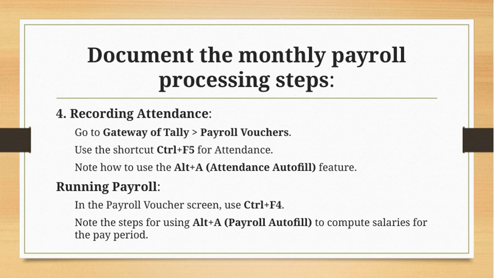Remember, these steps, recording attendance and running payroll, are fundamental to ensuring accurate and timely salary payments. They also connect to our overall theme of efficient payroll management, emphasizing how shortcuts and autofill features can make your workflow smoother and more accurate.